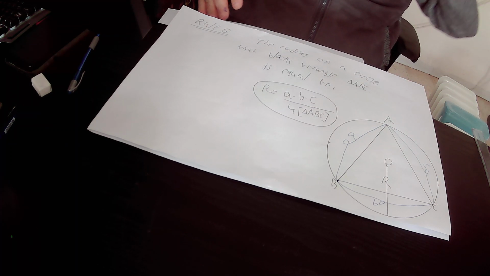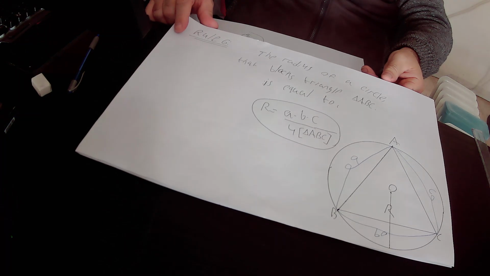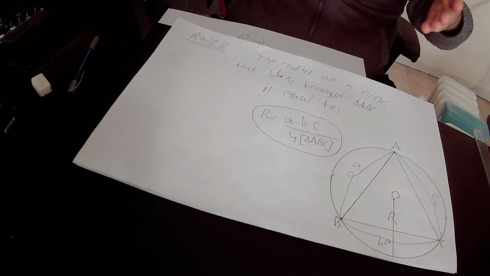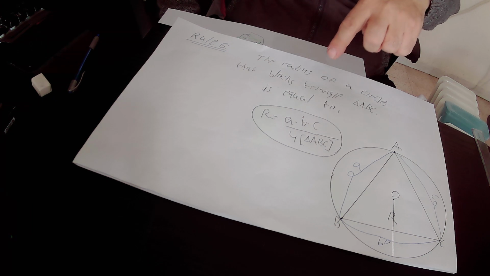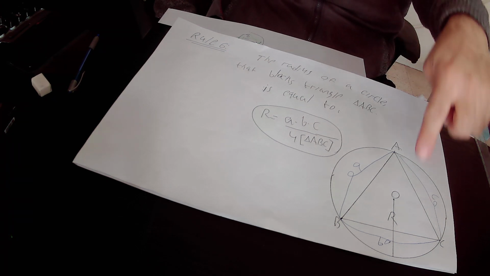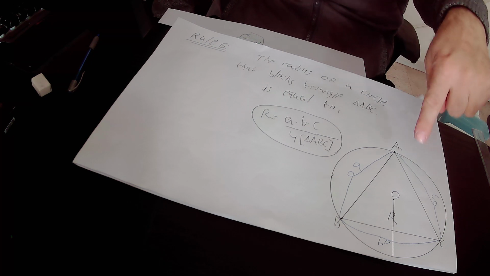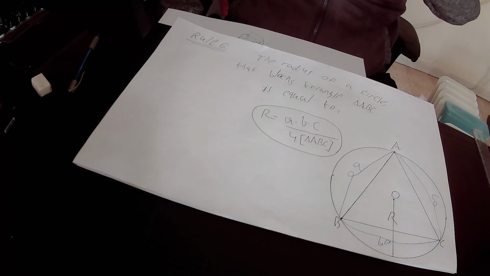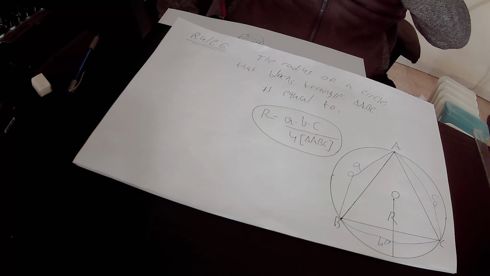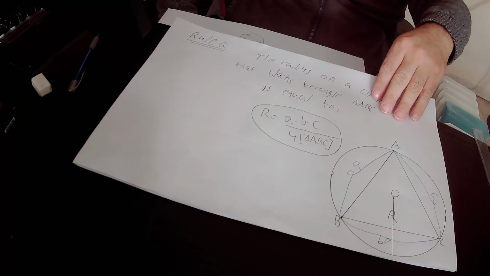According to rule number 6, the radius of a circle that blocks triangle ABC is equal to capital R equals A times B times C over 4 times the area of this triangle ABC that is blocked by this circle. Okay, so we can actually implement the new rule in our drawing.